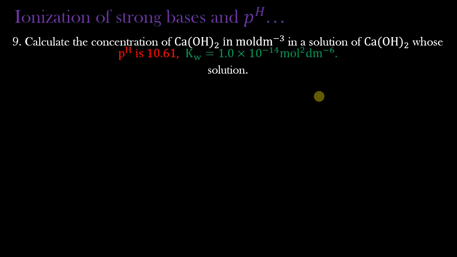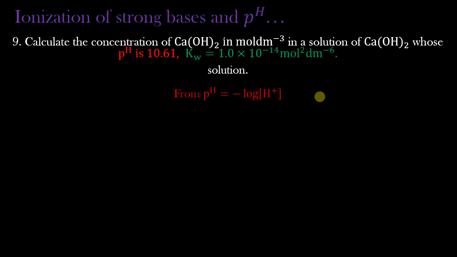So our solution here, we are going to establish the relationship between pH and the molar concentration of hydrogen ions, which will help us to get the molar concentration of hydrogen ions. Then when we get the molar concentration of hydrogen ions, we are simply going to use the ionic product of water to help us find the molar concentration of the hydroxyl ion that is produced by calcium hydroxide at a pH of 10.6.